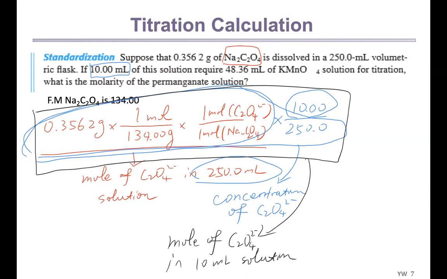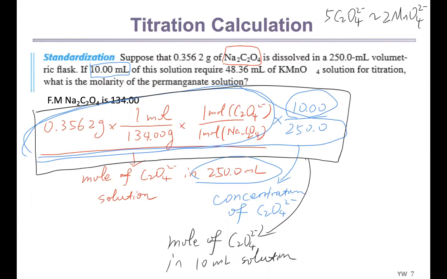And we need to figure out how many moles of permanganate is reacted here. And still remember the ratio? It's 5 oxalate react with 2 permanganate, right?